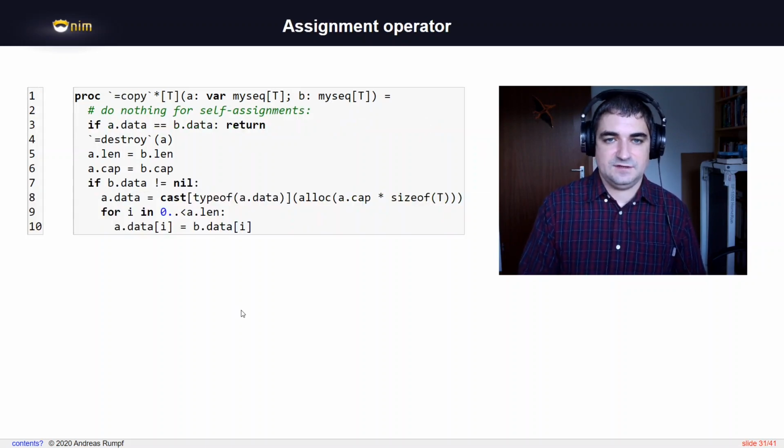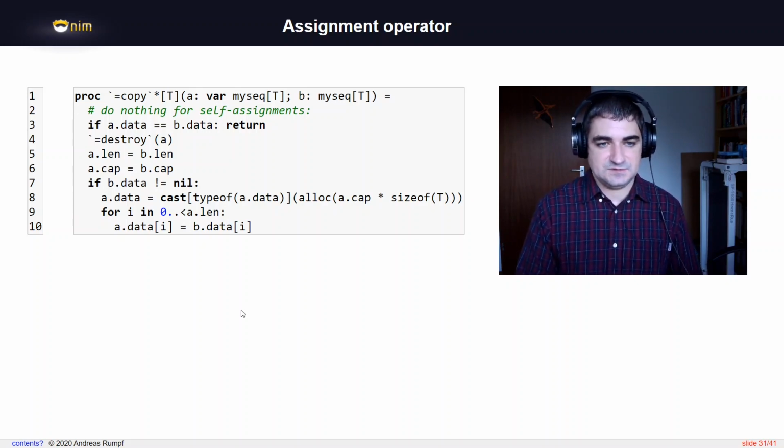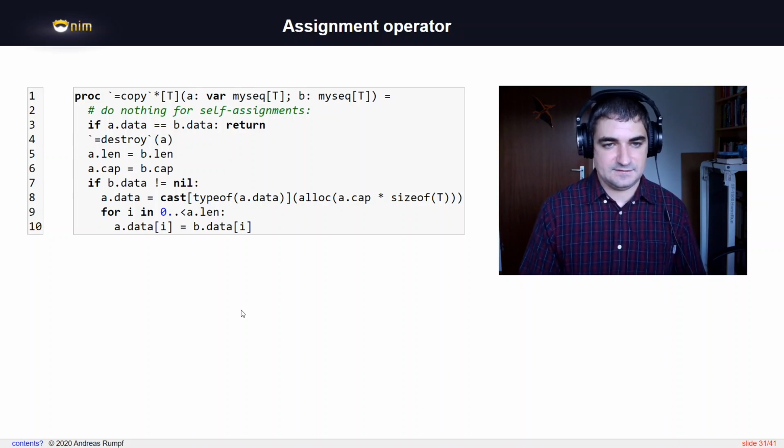And finally, we see the copy assignment operator. It's spelled =copy. And here we check, it's really quite close to C++. We need to check for self-assignment. We need to destroy the target first. Then we take the length and the capacity of this b. We need to allocate a new block of memory.